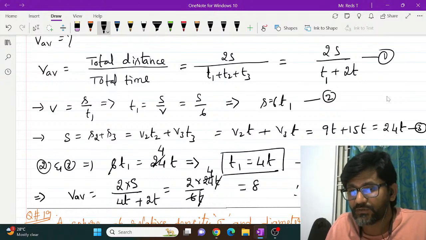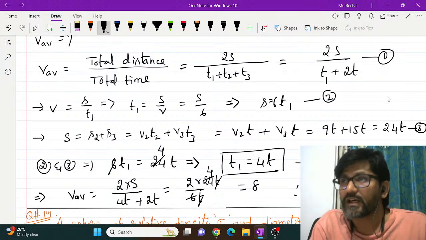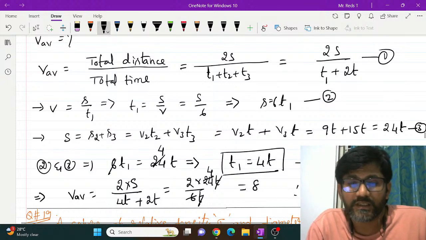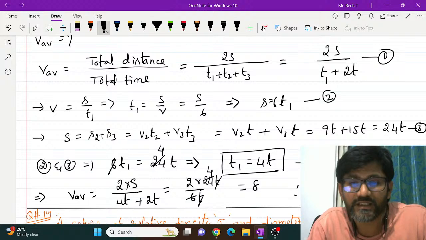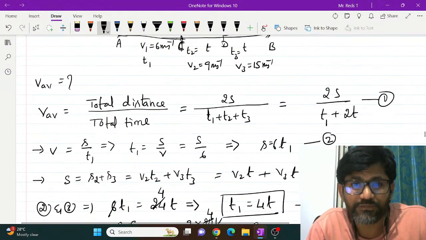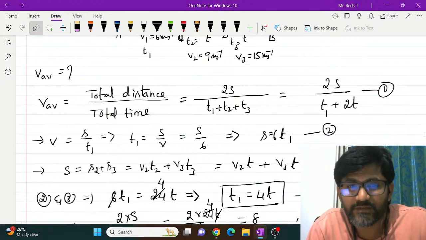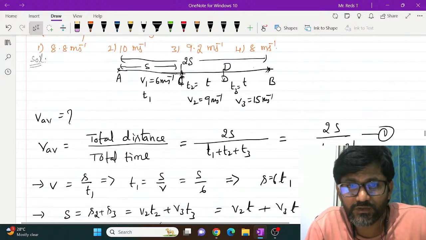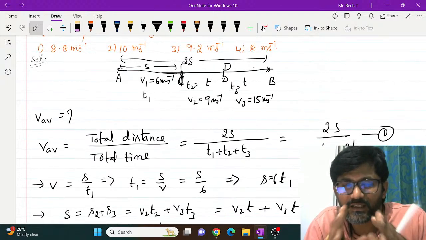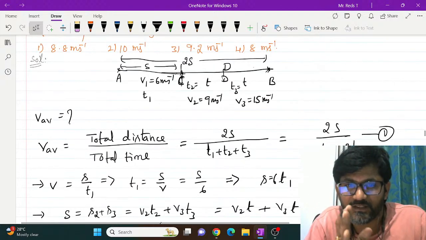So this is how you have to do this kind of question, guys. I hope the explanation is clear, step by step. Let me brief once again. As you are asked to find average speed, average speed is equal to total distance by total time. We consider total distance as 2S, because we are dividing it into first half distance and second half distance.